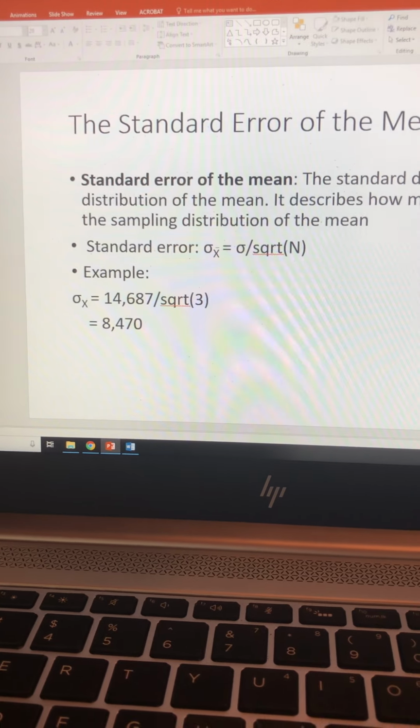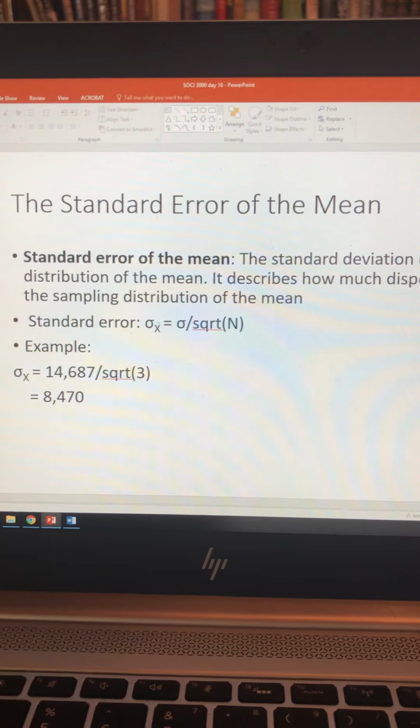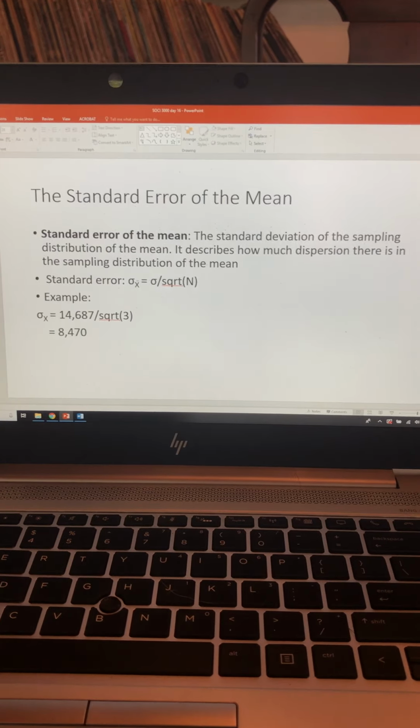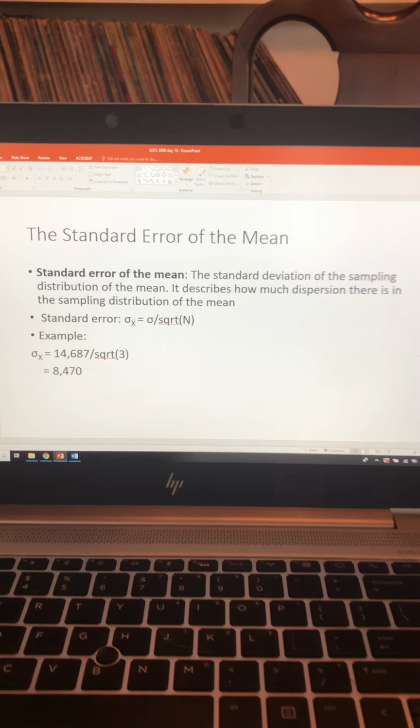But we also want to know something about the variability. That's what we refer to as the standard error of the mean. The standard error of the mean is the standard deviation of the sampling distribution of the mean. So it describes how much dispersion there is in the sampling distribution of the mean.